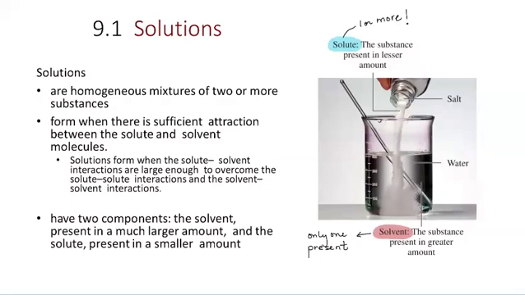Table salt is sodium chloride, so you can see that there's an anion and a cation. Water, on the other hand, has the following structure. In the formation of a salt water solution, these items individually have separate attractive forces.